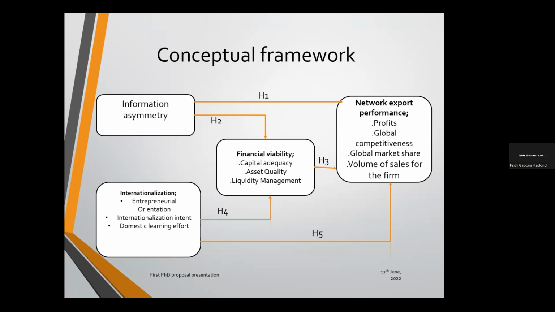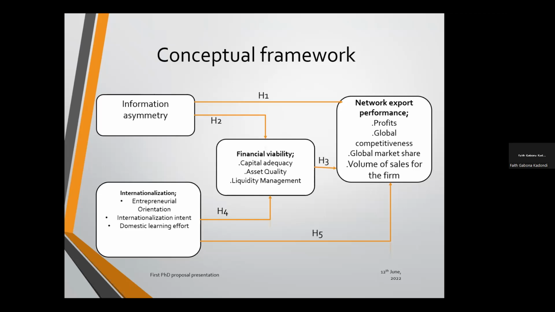Hypothesis 2 will look at the relationship between information asymmetry, financial viability as a mediating factor to network export performance. We have hypothesis 3 looking at financial viability influencing and its relationship to overall network export performance.